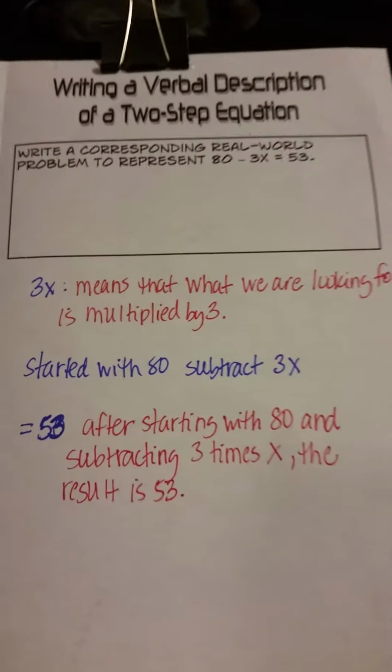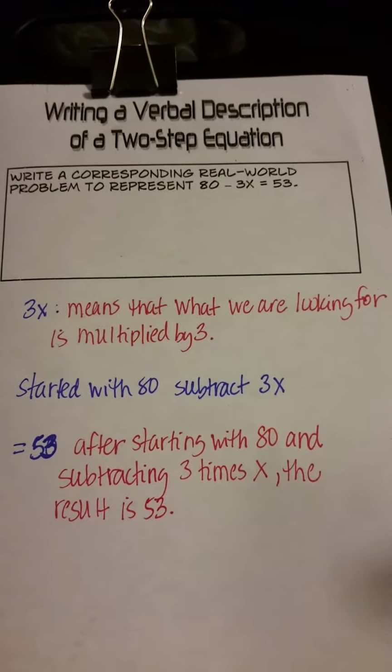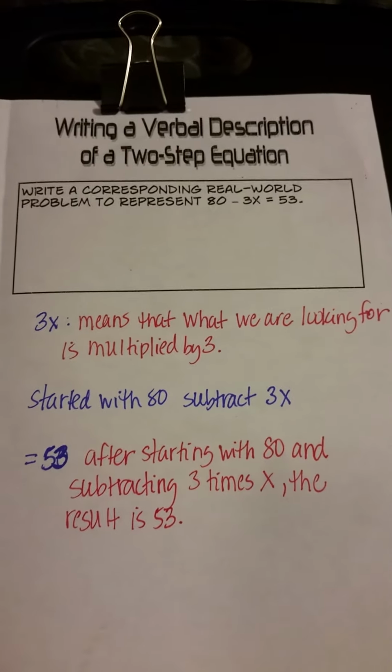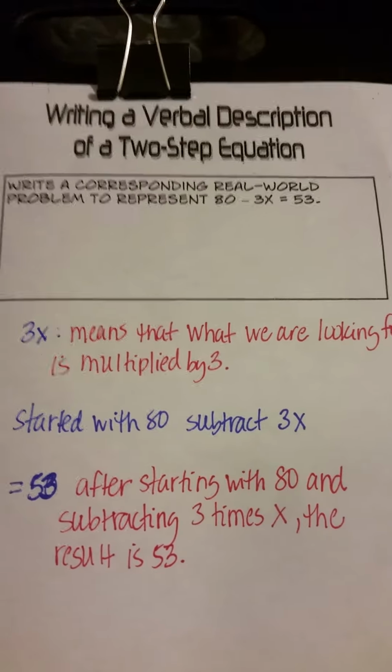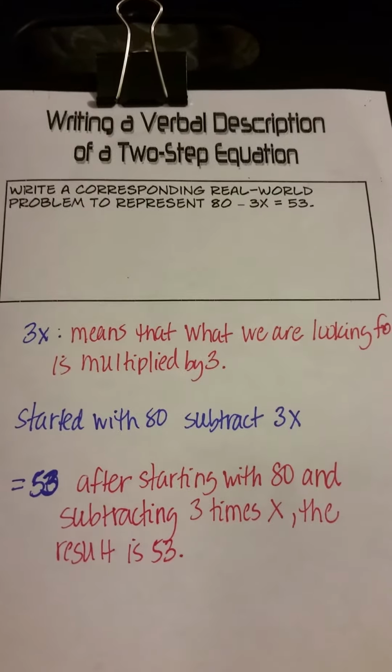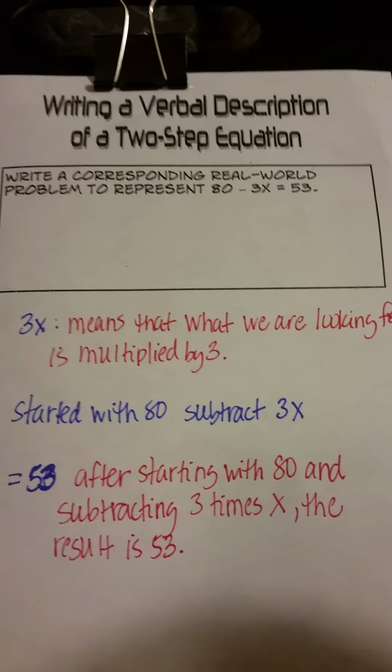Okay, let's go back over it. So 3x means that what we're looking for is multiplied by 3. So it's going to be 3 times something. We started out with 80, and we're going to subtract 3x. And that equals 53 means after starting with 80 and subtracting that 3 times x, the result is 53.